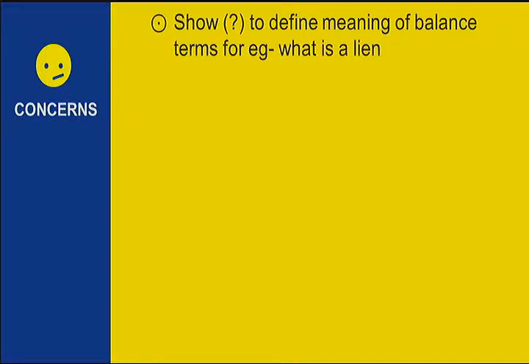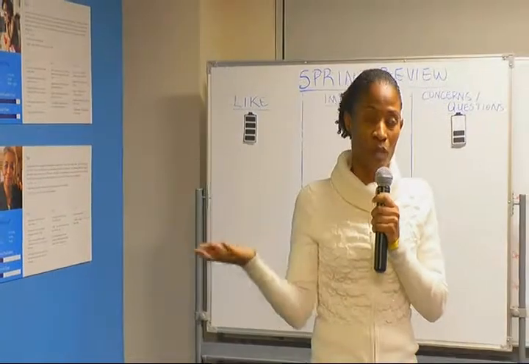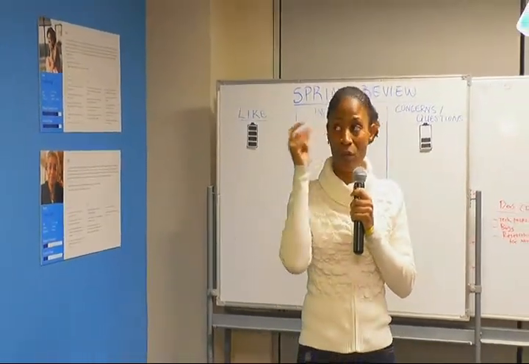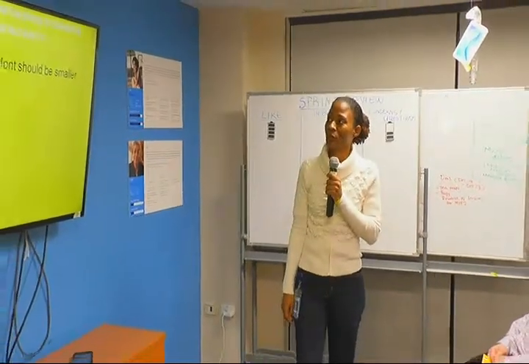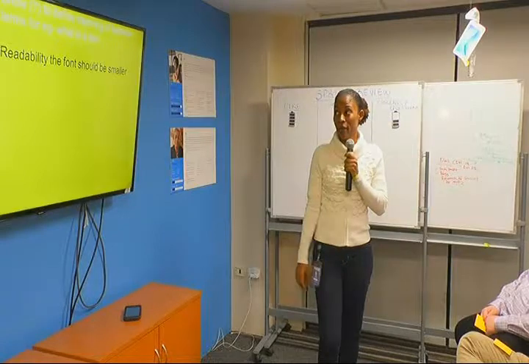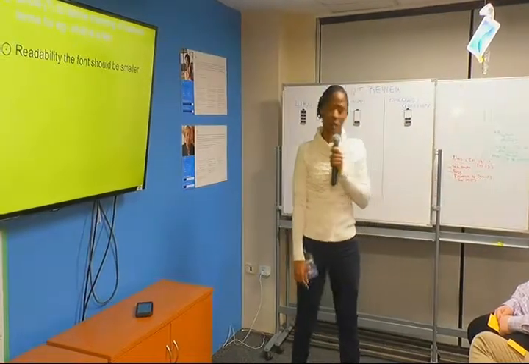The concerns: they wanted a question mark to be displayed, for example, where the lien loan is. Some persons did not know what a lien was, so they wanted a question sign to explain the meaning of a lien. Readability: some persons thought that the cards were too big, so they wanted the font to be smaller.